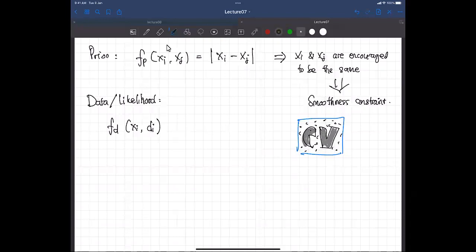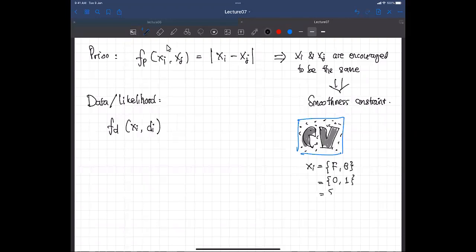foreground. In this particular problem, xi has a label, either foreground or background. Let's make it easy: foreground is 0 and background is 1.